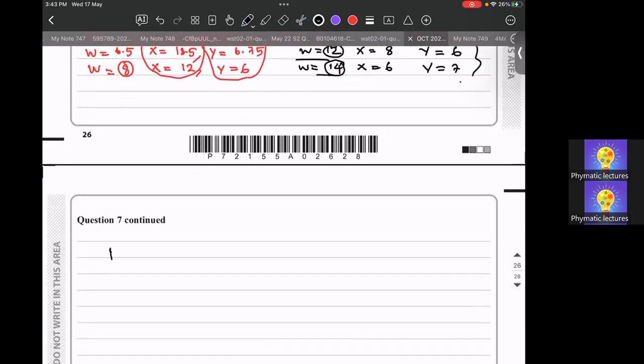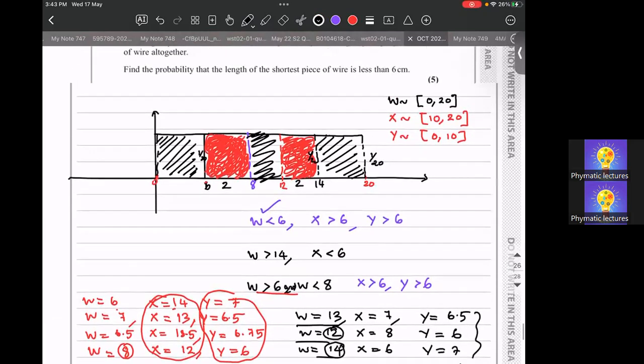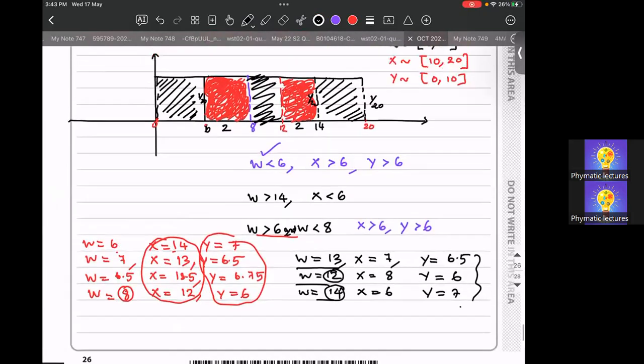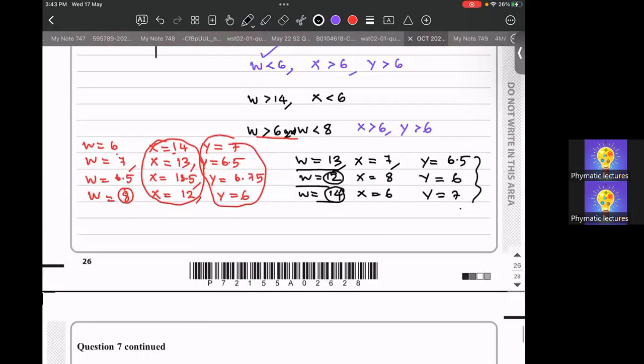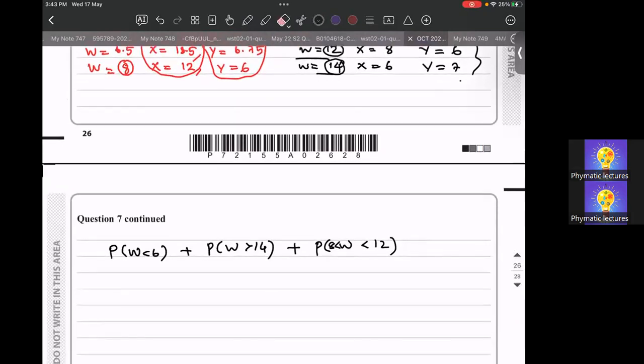Therefore, how will you answer this question? Because it's a 5-mark question, we should clearly calculate: W less than 6, or W greater than 14, or W between 8 and 12. Only those 3 regions. All these 3 values will give the required probability.